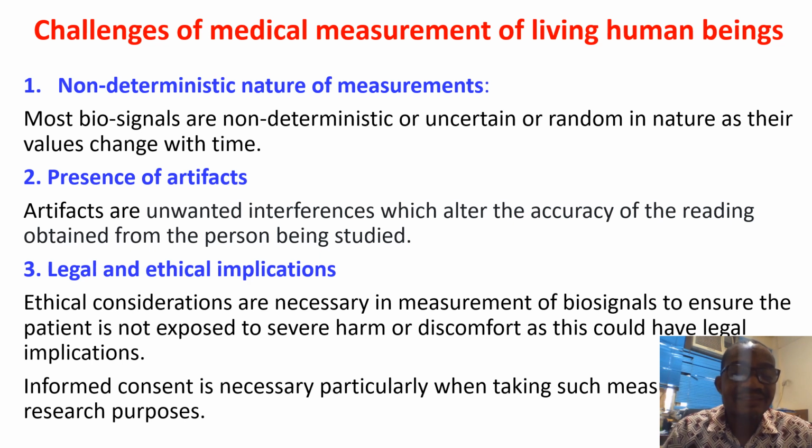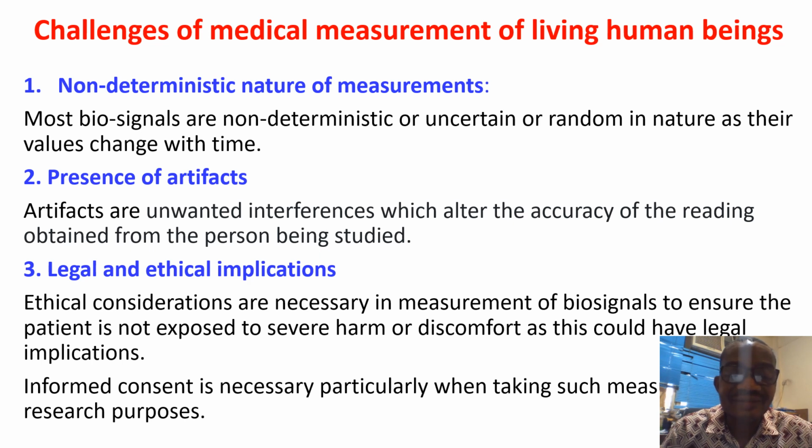Another important challenge is the presence of artifacts. Artifacts are usually unwanted interferences that affect the accuracy of the readings taken from persons. Usually artifacts affect the quality of signals, and it makes it difficult to get accurate values while taking measurements.